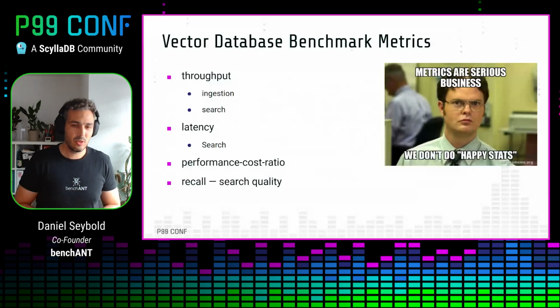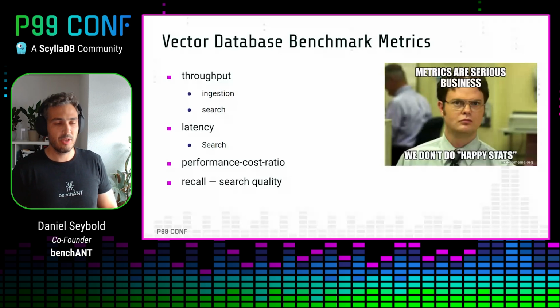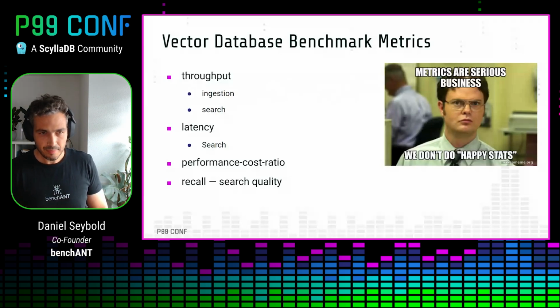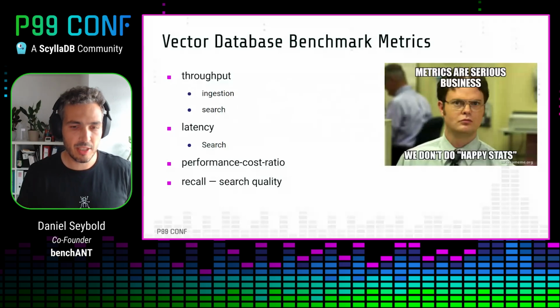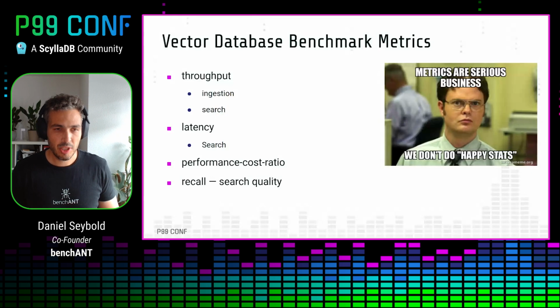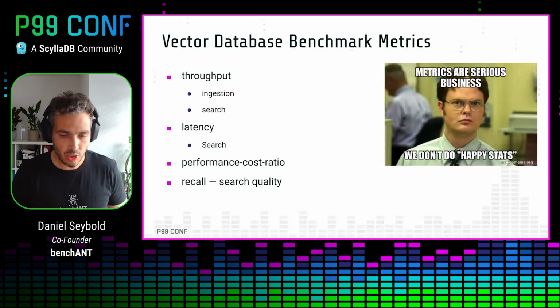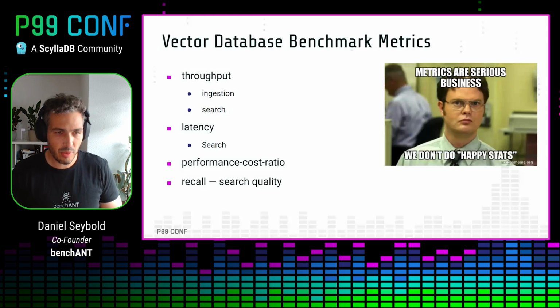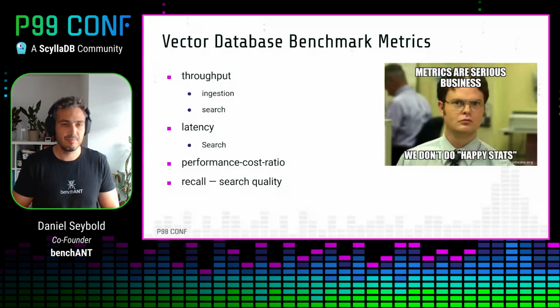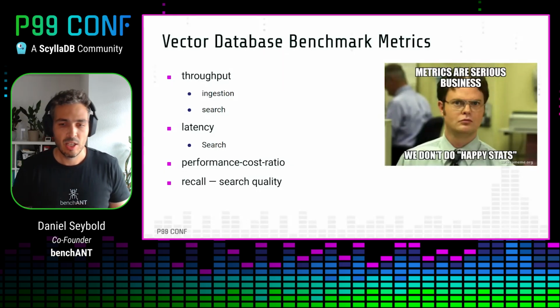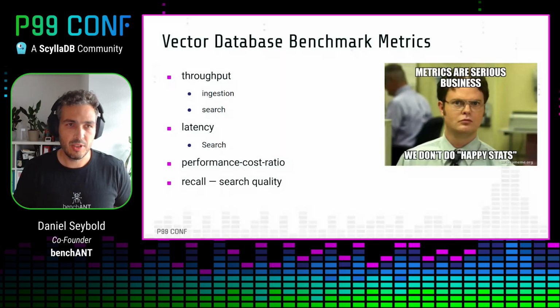But there's also a fourth relevant metric: recall, which measures the search quality. In particular, what percentage of the returned results are objectively the closest to the query vectors. These four metrics are the most relevant if you do vector database benchmarking.